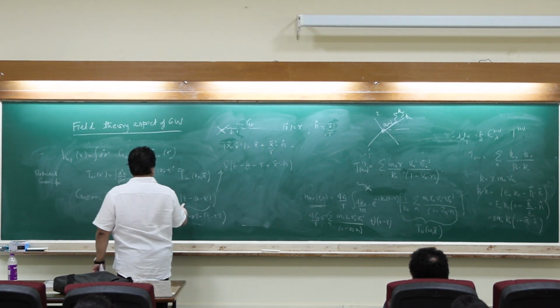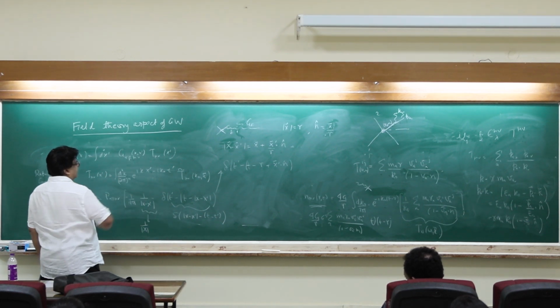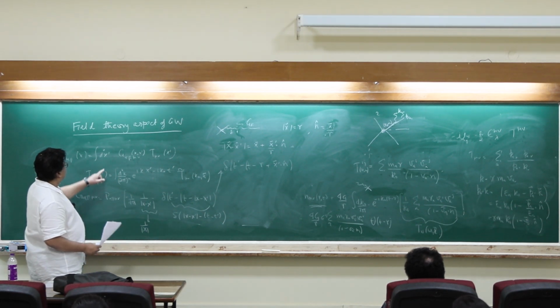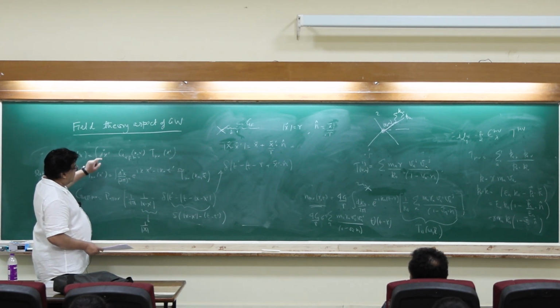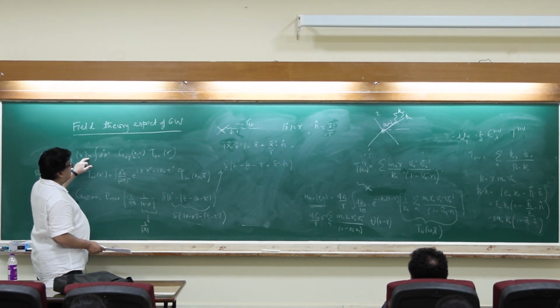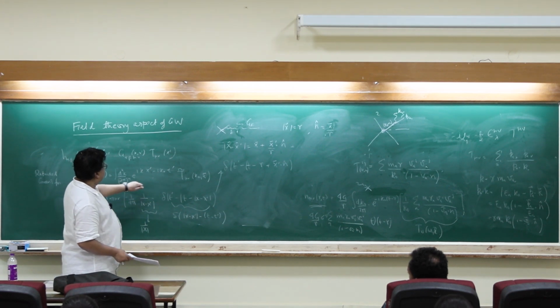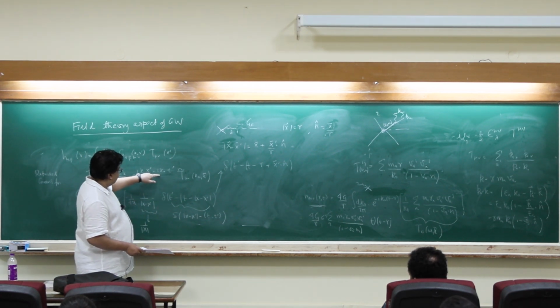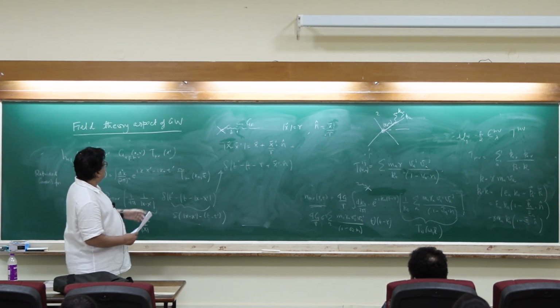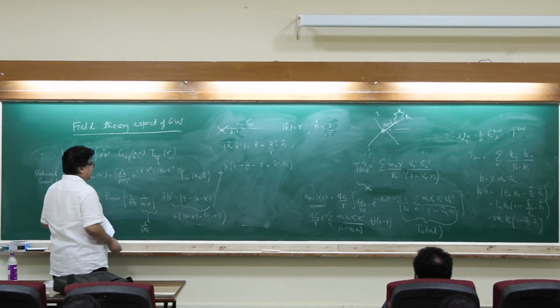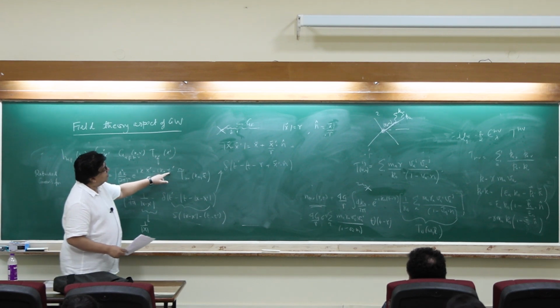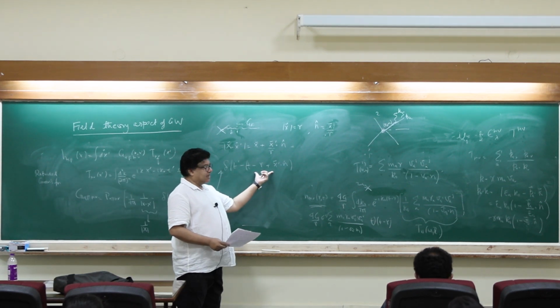So insert this Green's function there and do the t prime integral. There is a t prime inside this, there is one t prime here. When you write this in the momentum space, replace that t prime by this guy here.